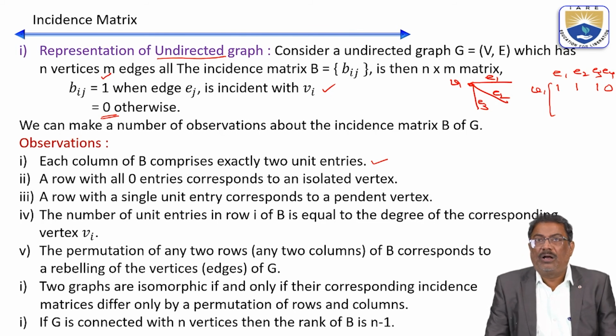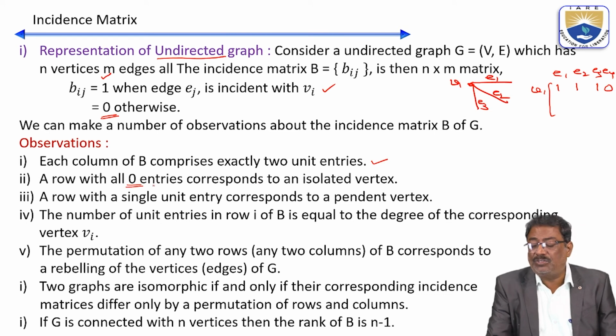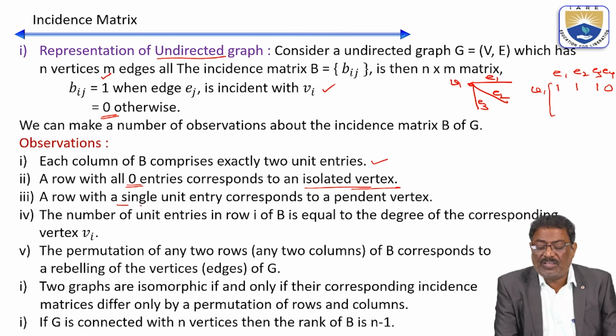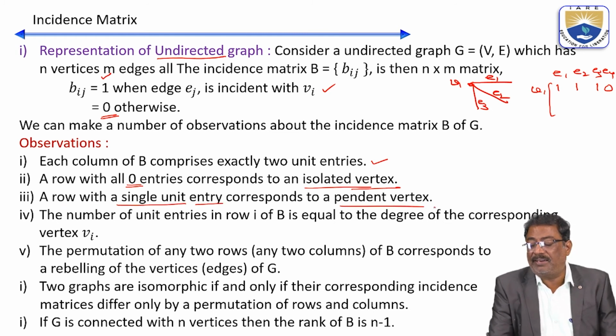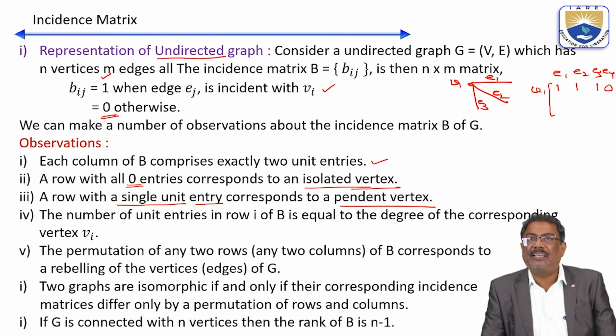A row with all zeros says that the vertex is an isolated vertex, and a row with a single unit entry is related to a pendant vertex. Any row, if all entries are zeros, then it is an isolated vertex. A single unit entry means a pendant vertex.